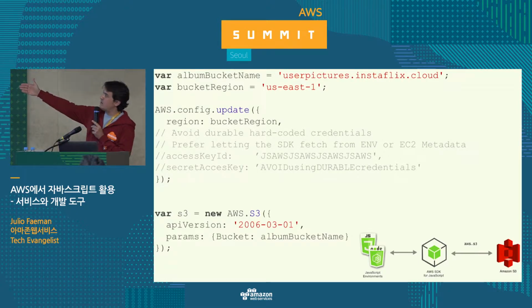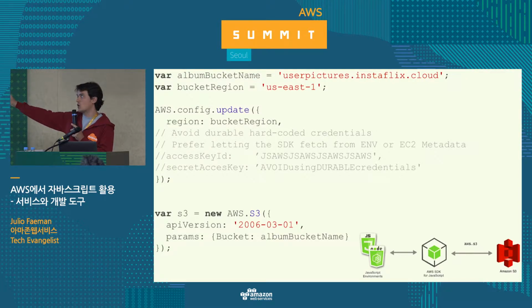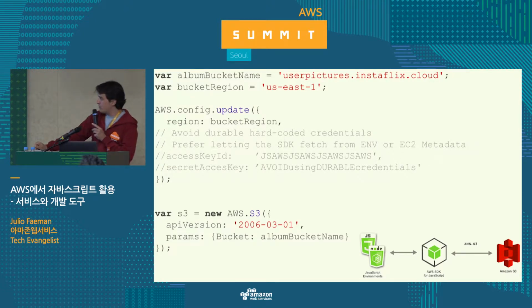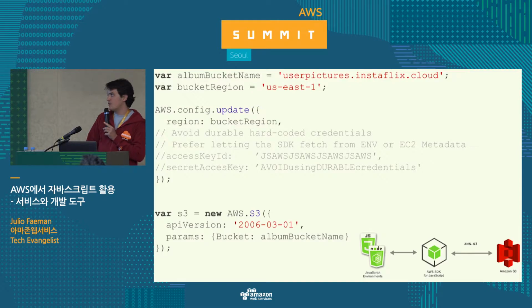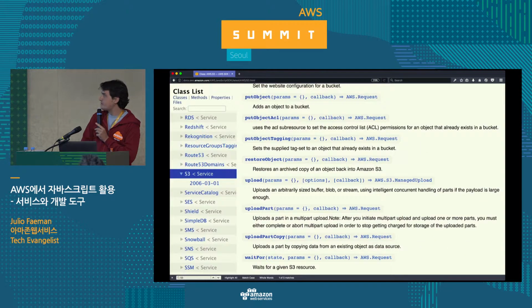It's just a matter of instantiating the AWS configuration and the S3 client object and calling operations on them. A small tip: never add security credentials directly to your code. The SDK will fetch them from environment variables or the EC2 metadata if it's running on EC2. So really avoid hard-coding those, so your credentials don't end up in GitHub, as we've seen happening sometimes.